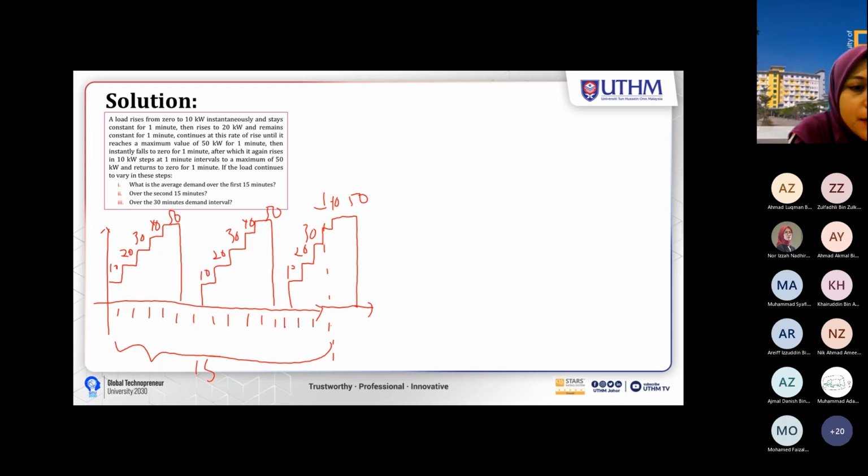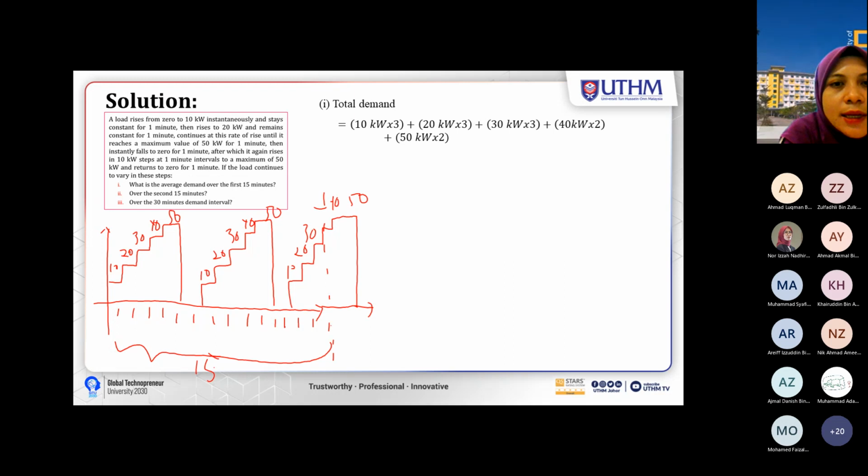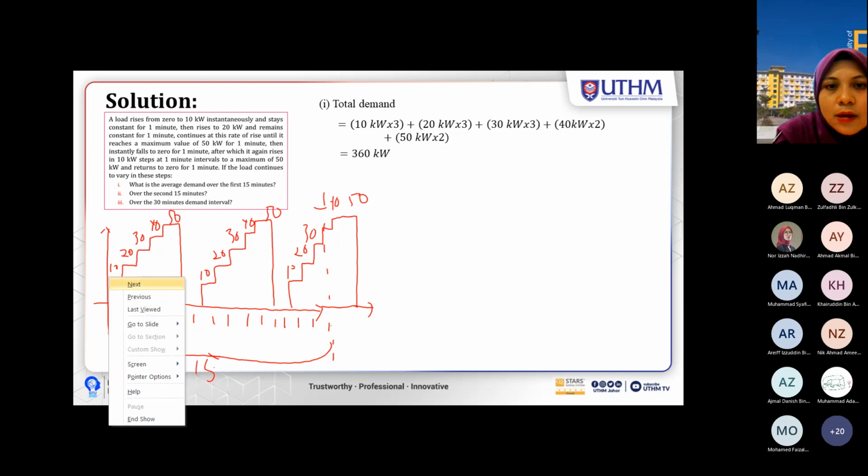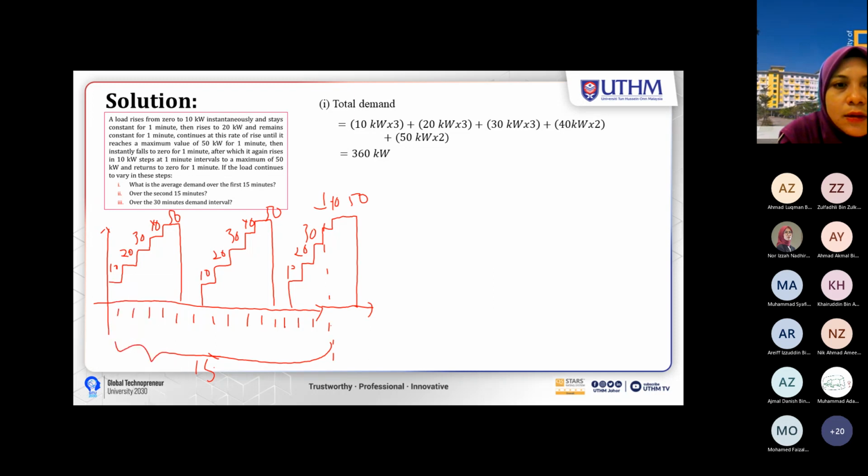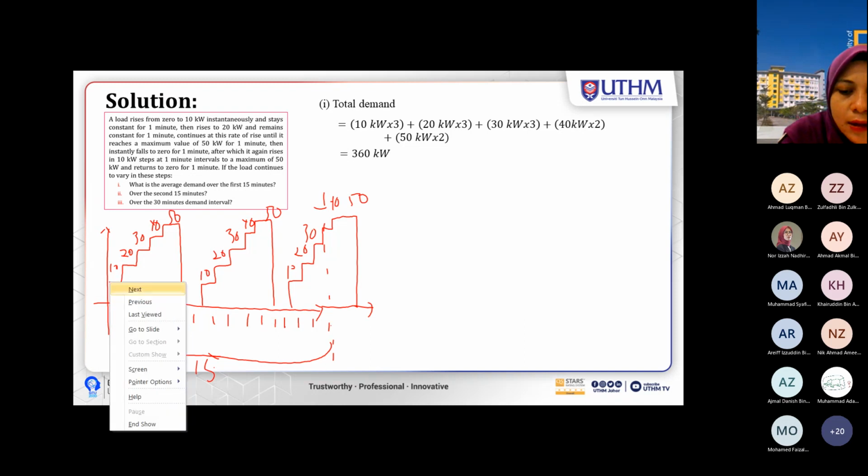Okay. First dia kata 15 minutes ni, you kena cari. So you have to calculate what is the total demand first. Macam mana dapat total demand? Okay. Total load. Okay. Total demand. So dia adalah you kena cari.